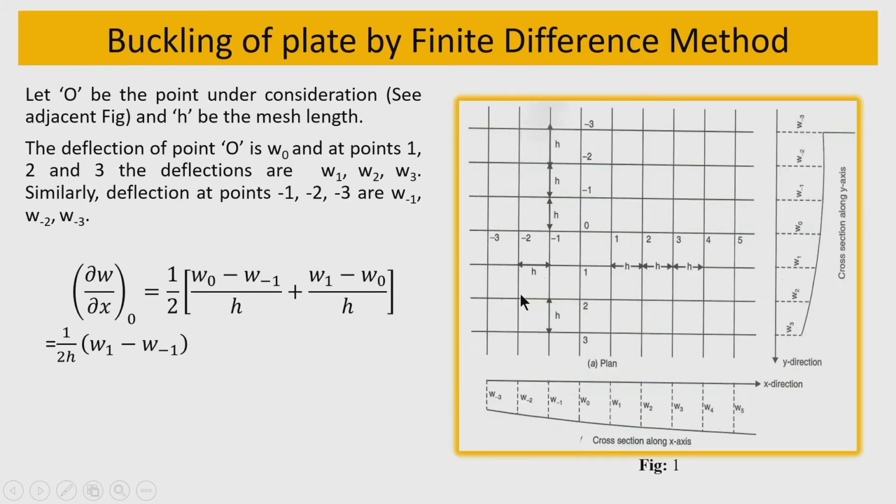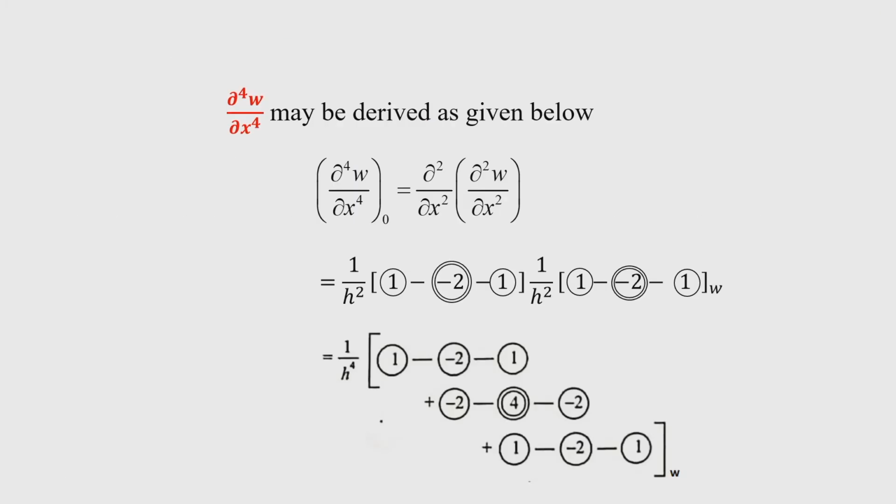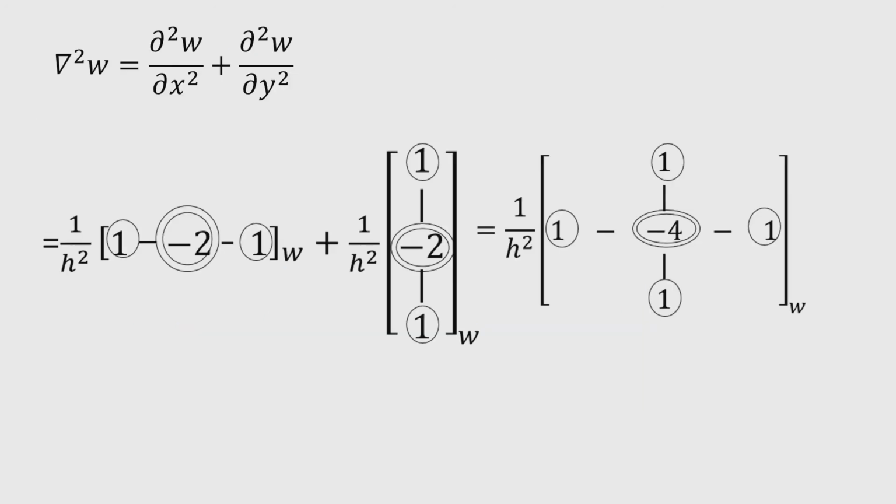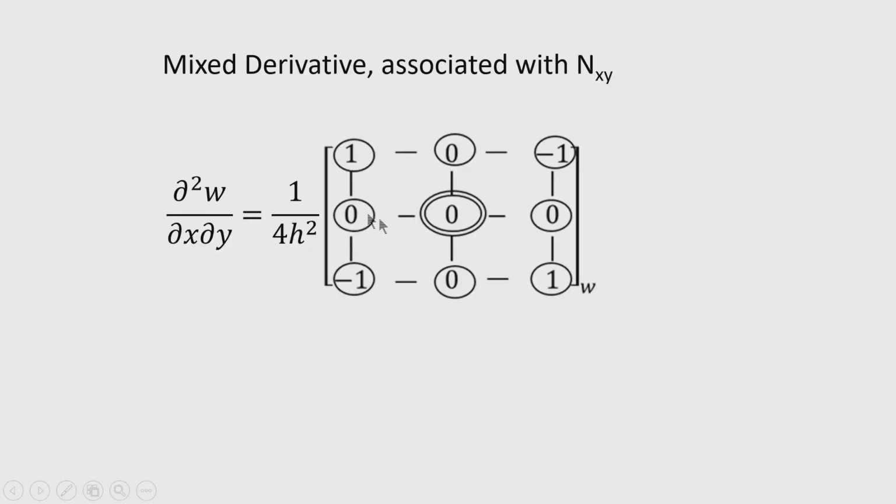Okay. So, let us see, the mixed derivative can now be written like this: the central value is 0, and towards the right and left it is also 0 coefficient.